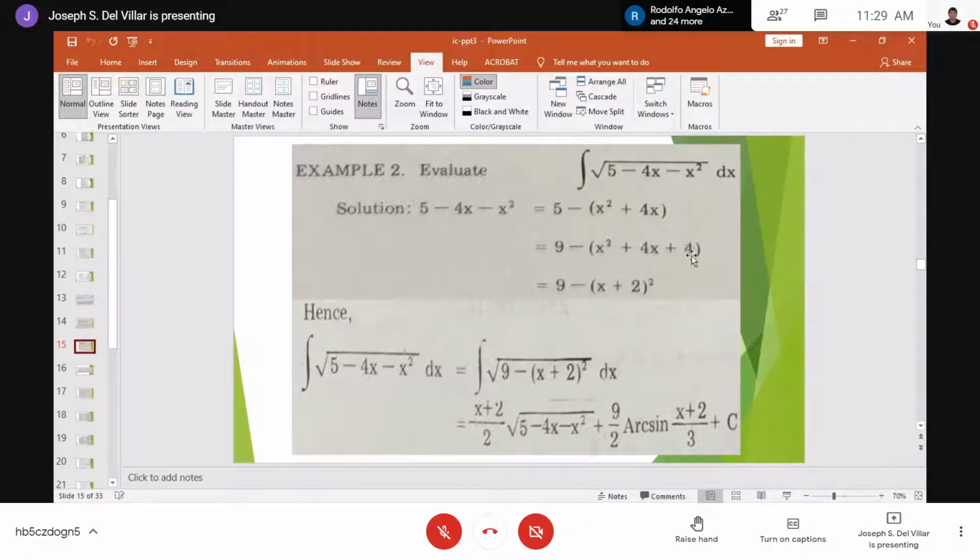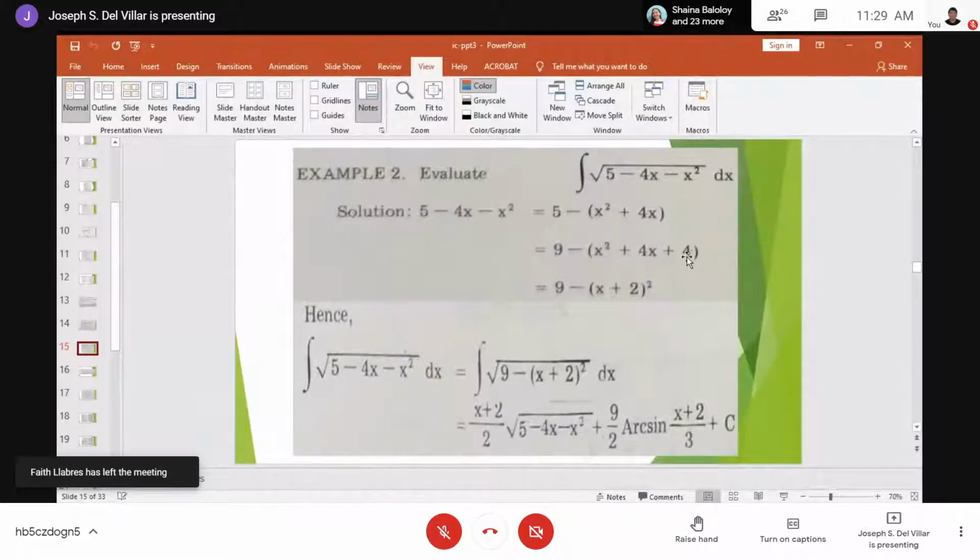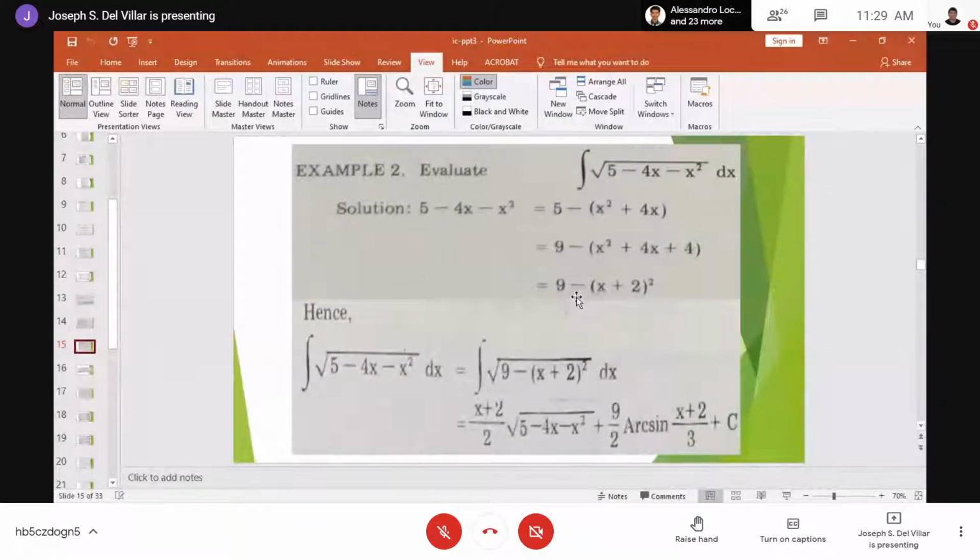Okay? So bakit nagkaroon ng plus 4 dito? You divide 4x by 2 then square. So 4 over 2 squared, so that is 4. Okay? So we have 9. Okay? And then bakit nagkaroon ng 9? Because of this, no? Nag-add kayo ng 4 but then minus, okay? So minus 4. So 9 minus 4 is 5.